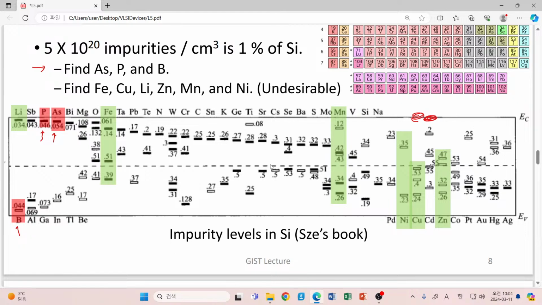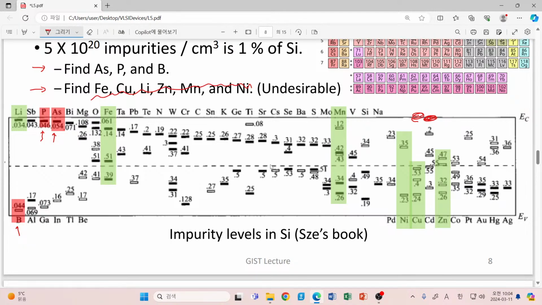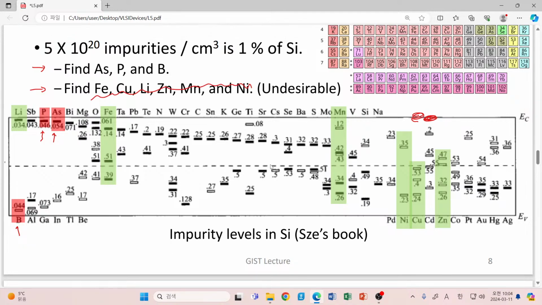However, let's have a look at other cases. These ones are regarded as a very representative bad contaminator, not impurity, but they are regarded as bad things which should be avoided from our mass production.